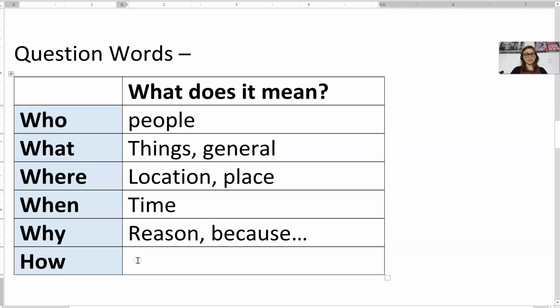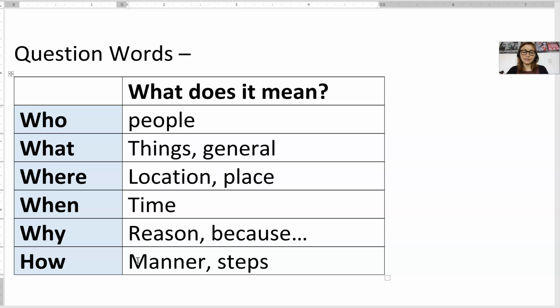And the last one is how. How is the manner or the steps, right? How do you do something? So how do you go to class? You can say, I go to class on my computer. I go to class on my bicycle when the classes are open. I go to class by walking, right?